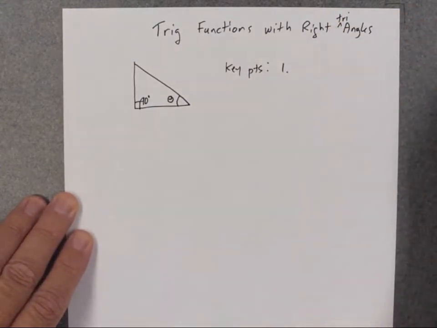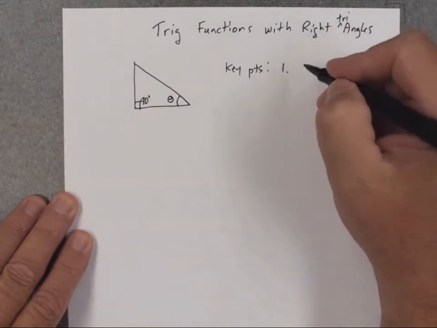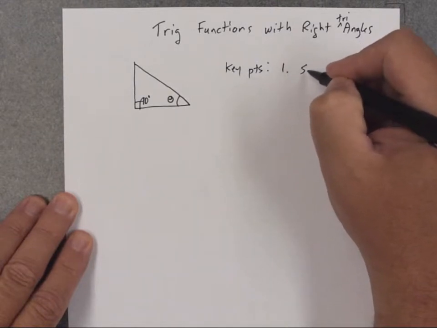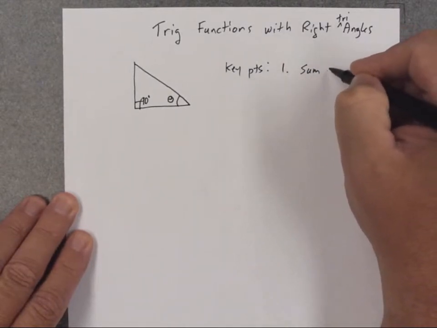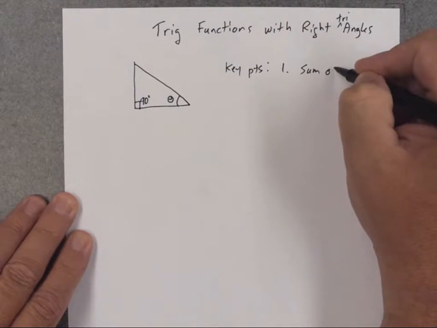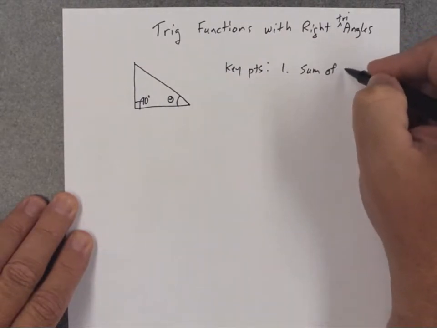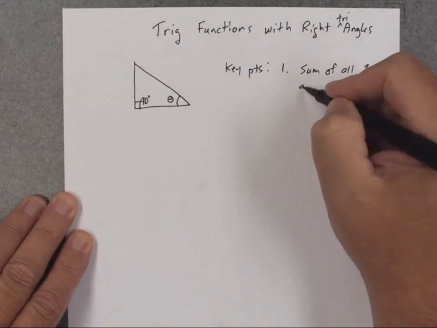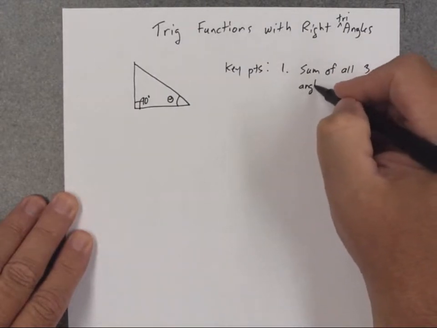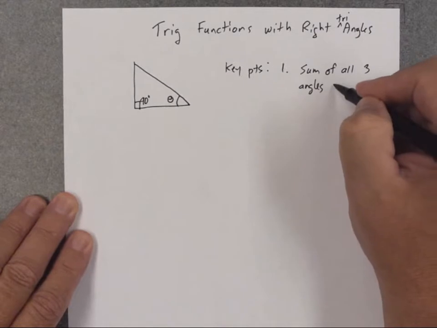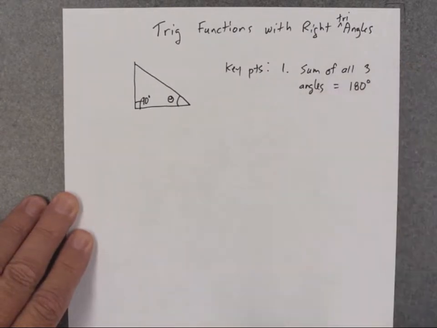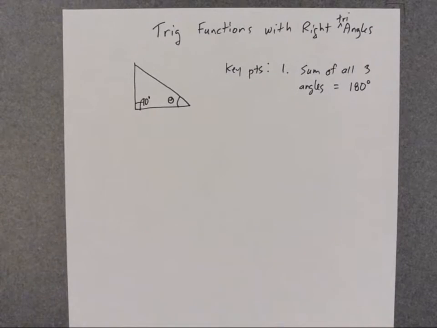The first is, anytime you have a triangle, which includes a right triangle, if you add up all three angles of the triangle, the sum of the three angles has to equal 180 degrees.